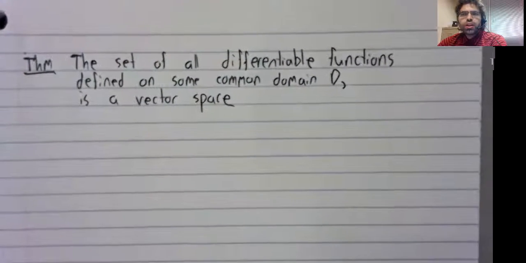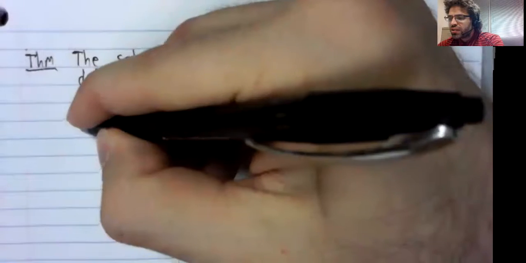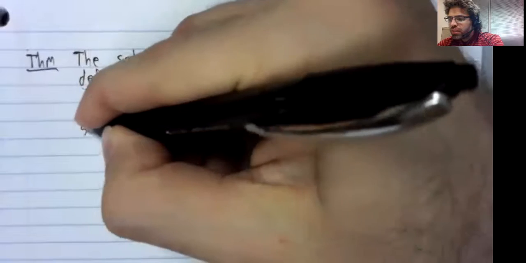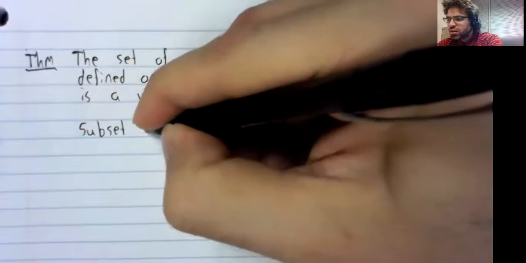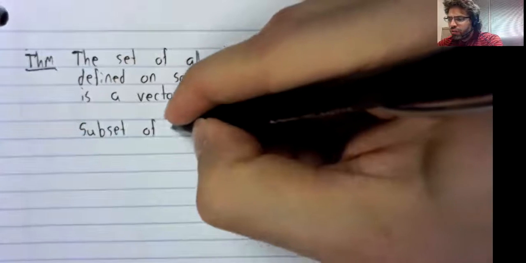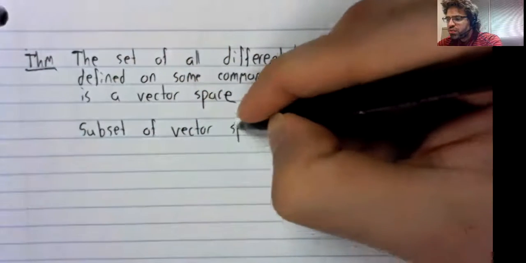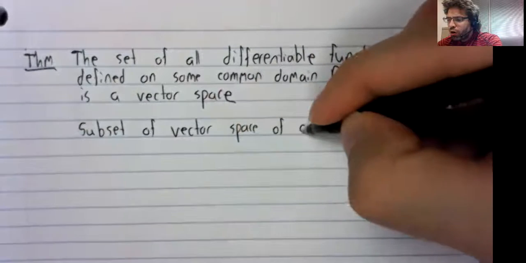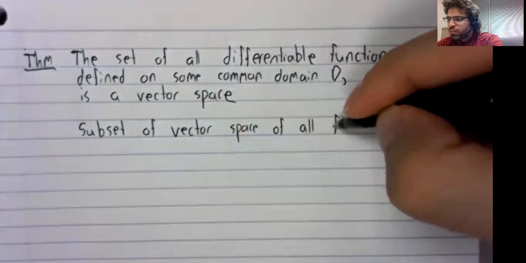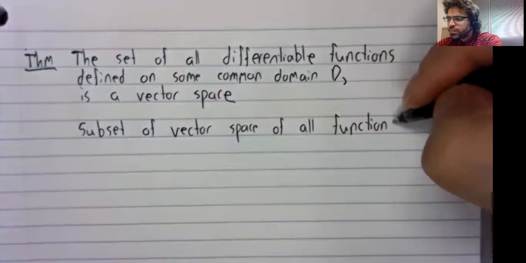And we'll do this by showing that it's a subspace. I mean, this set is a subset of the vector space of all functions.